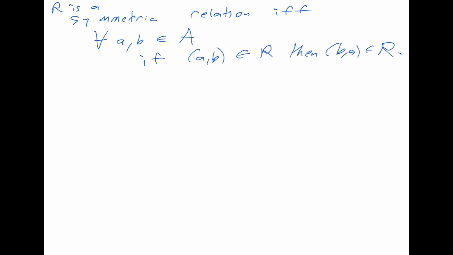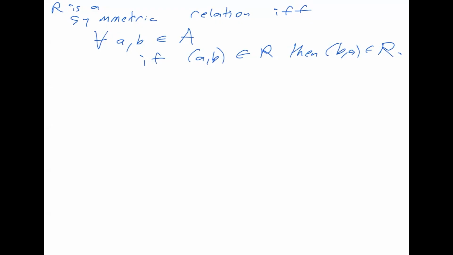So this can't be something like liking somebody, because it's possible for person A to like person B and person B not to like person A, right? That happens in the real world a lot. One person can like somebody else, another person doesn't have to like them back, right? But in a symmetric relationship, anytime one thing is related to the other thing through that type of relationship, the other thing is also related back to the original.